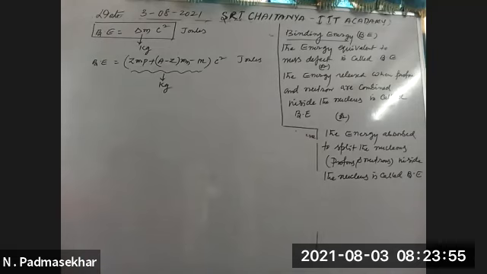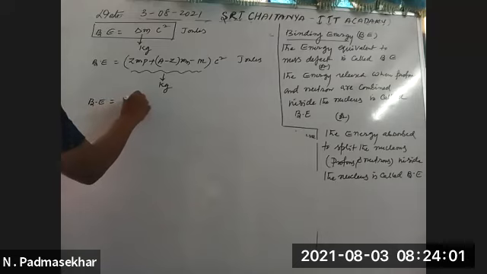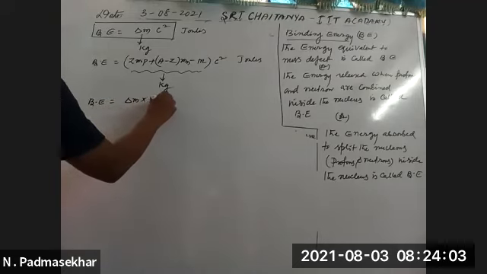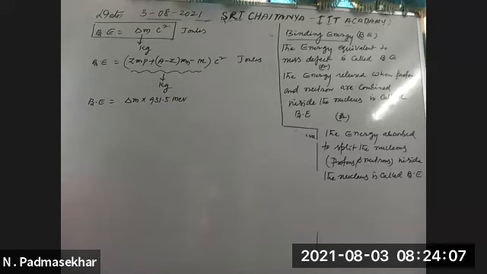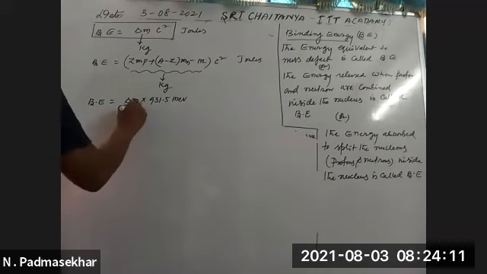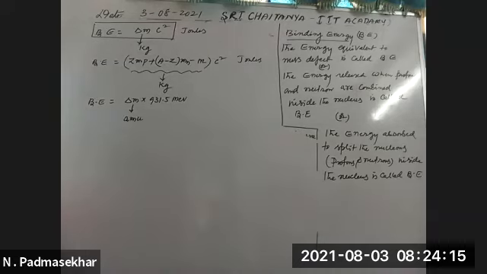Now binding energy is equal to delta M into 931.5 MeV. So this delta M must be in AMU.